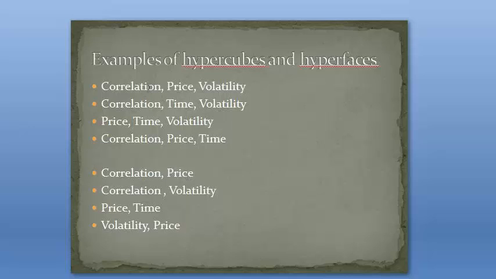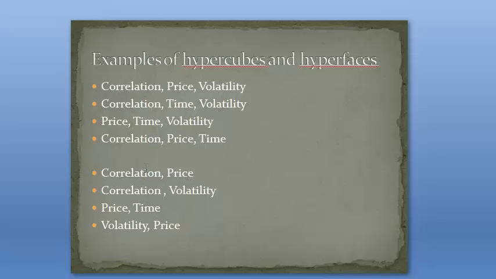For example, you could be looking at correlation, price, and volatility, or correlation, time, and volatility, or correlation, price, and time, or a set of other variables that you may think are important within the center cube. It may not be price, it could be actually drift. A lot of times I like to understand the direction of the drift instead of the actual price for momentum trading. So to replace price, you could also use drift, which is similar to how the Black-Scholes model is modeling options.